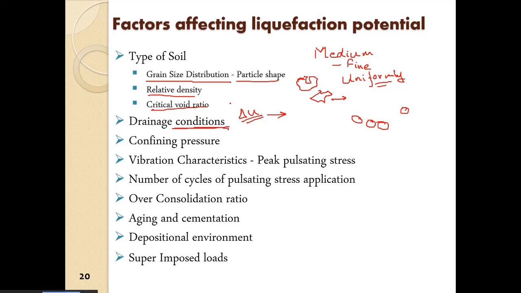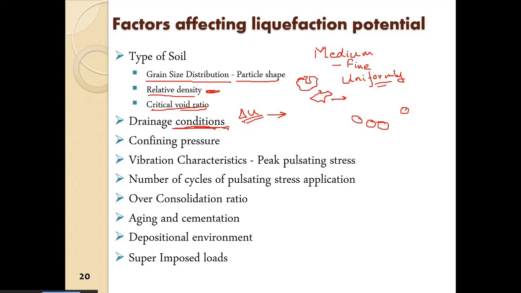In fact, when we study the various methods of liquefaction mitigation, we will see that these are the only conditions, the liquefaction conditions. Then the void ratio or the relative density. If we increase the relative density, if we vibrate or compact the soil, the relative density will increase and the soil will be less prone to liquefaction.